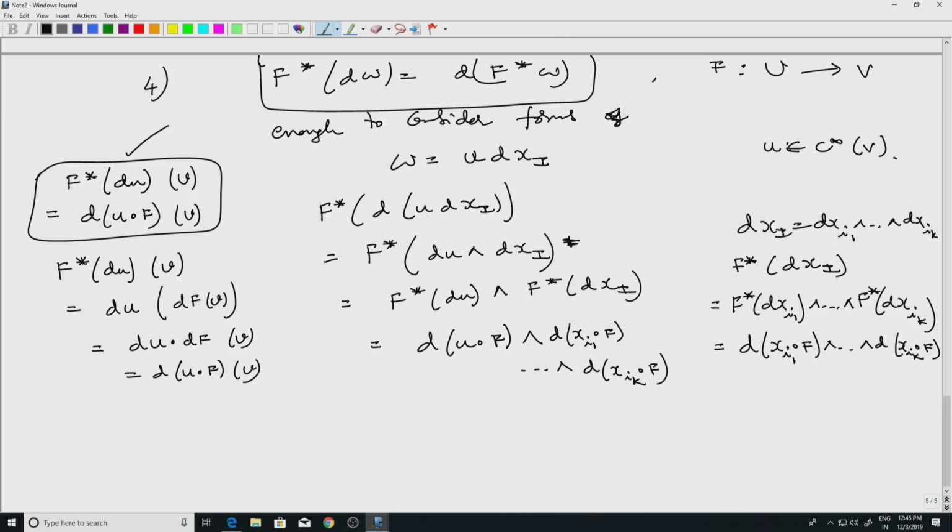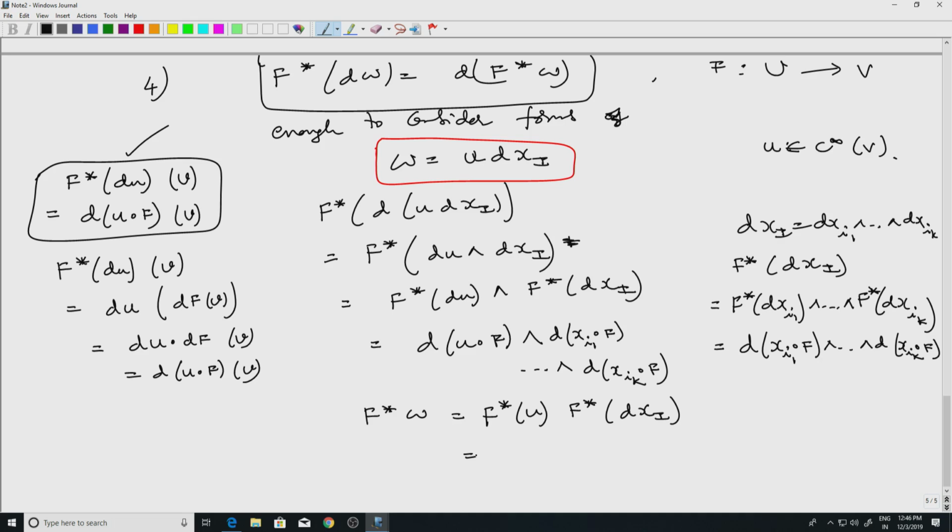Well, I have to start with f star omega, and I go back to this expression here. So this is f star of a 0-form times a k-form, which is the same thing as f star u times f star dxi.